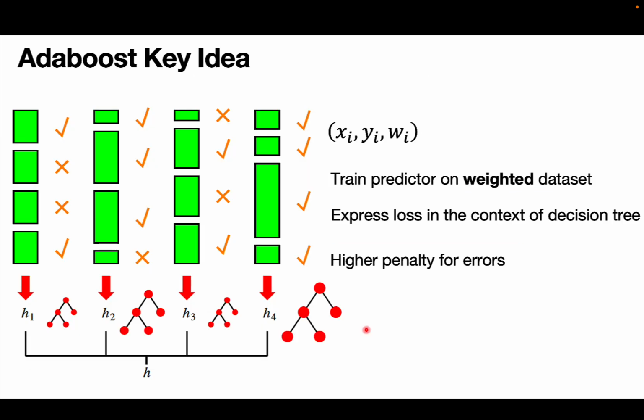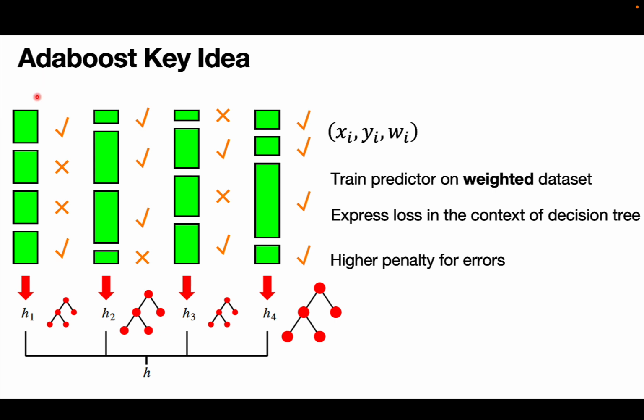In this visualization, we show the impact of misclassifications in AdaBoost. In a typical classification problem, we have the xi's and the yi's, but in AdaBoost, we also introduce a weight for each example. And as we just discussed, the goal is to train the predictor on this weighted dataset where we penalize the mistakes made by the previous classifier.